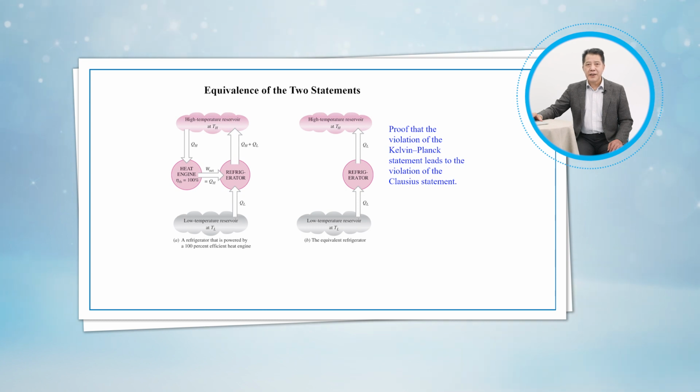Consider the heat engine refrigerator combination as shown in the figure. Operating between the same two reservoirs, the heat engine is assumed to have, in violation of the Kelvin-Planck statement, a thermal efficiency of 100%, and therefore it converts all the heat it receives to work.